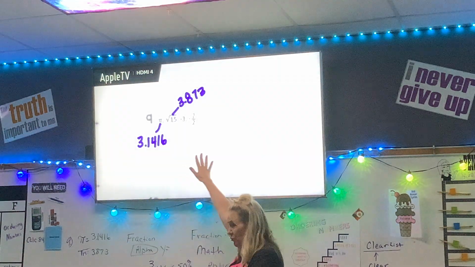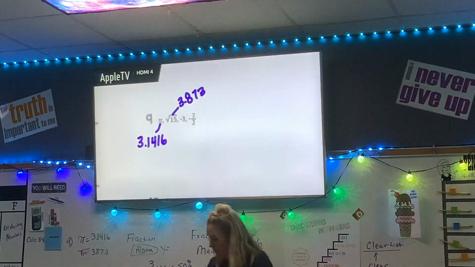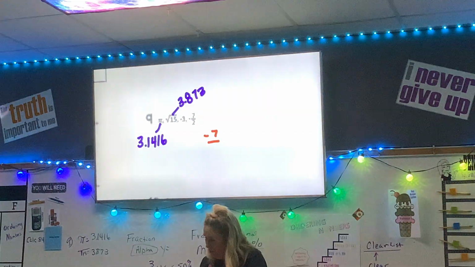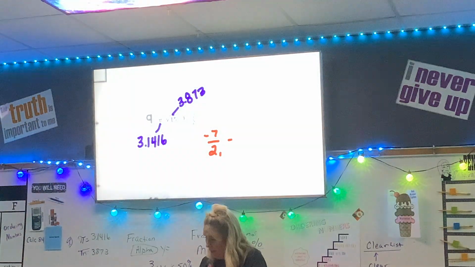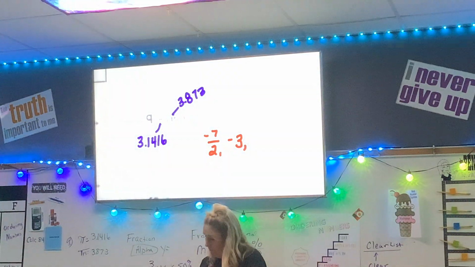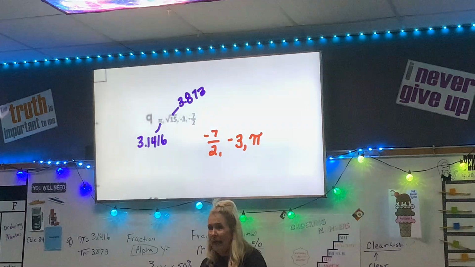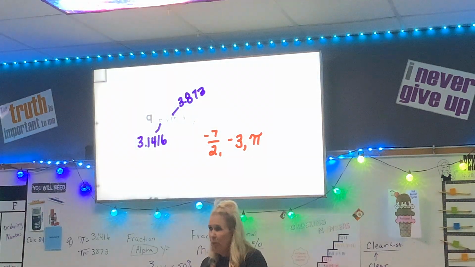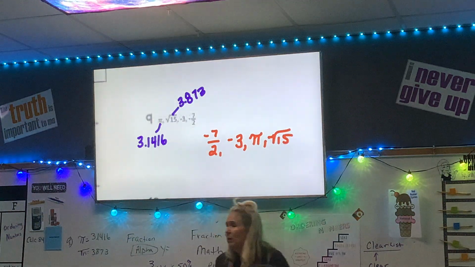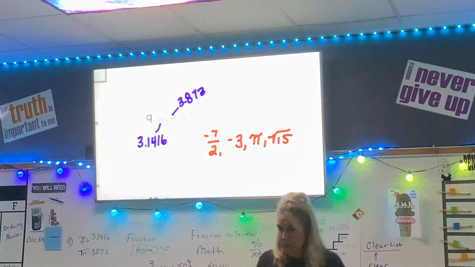Okay, so this is what you show. See, here's what I expect. Then you do -7 over 2, -3, pi, not 3.1416, don't write that. And then our last one was the square root of 15. So you go back and rewrite the original. Okay?